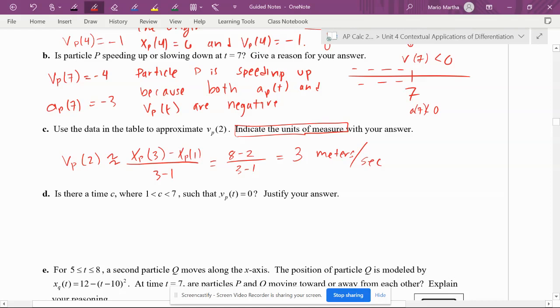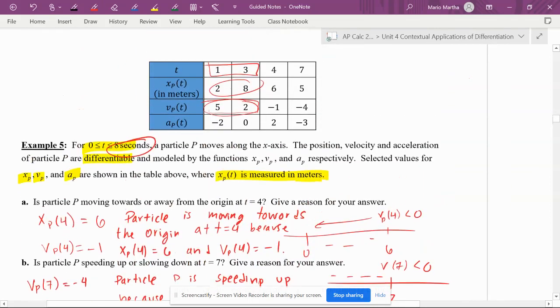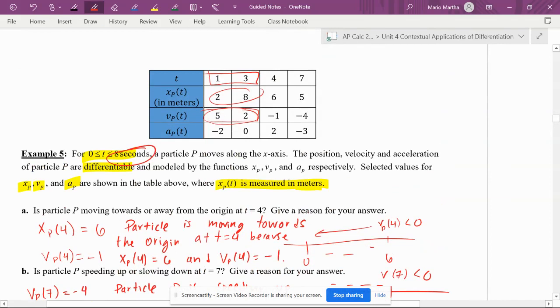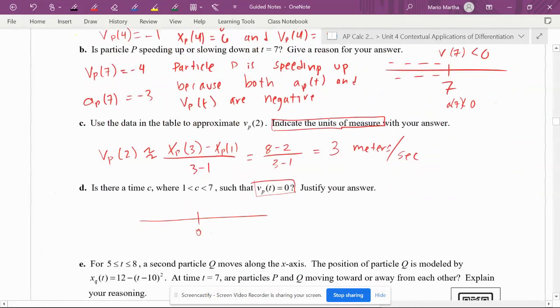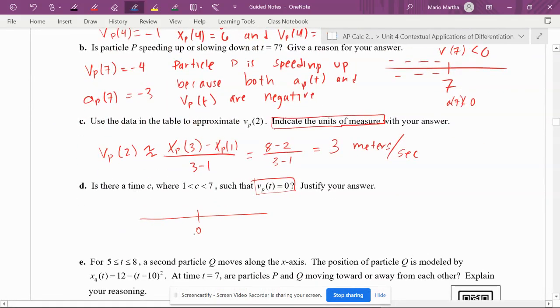So here, in order for us to determine when that happens, we want to see when it changes sign. So we know that's 0, right? So when does v of t change sign? If you guys notice here, it changes between 3 and 4 seconds. Between 3 and 4, it goes from positive to negative.